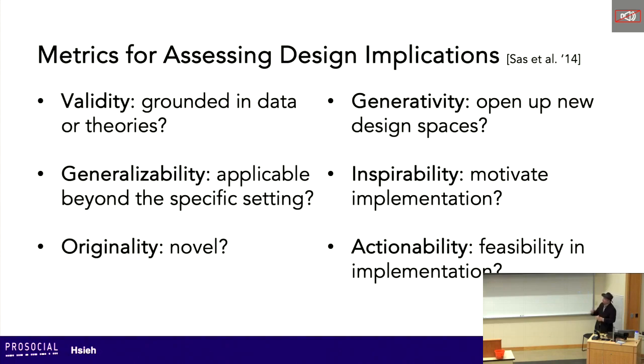But we don't really think about the ones on the left, sorry, on your right, right? And so there's a gap, a difference in what we're trying to maximize in our community versus what practitioners may want in these types of artifacts.